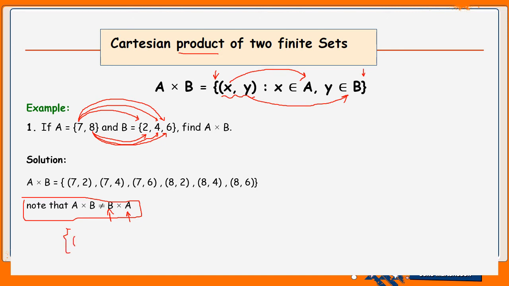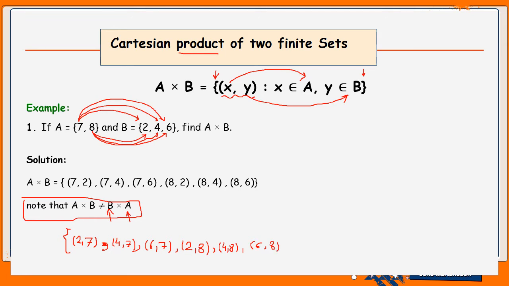So it will be (2, 7), (4, 7), (6, 7), (2, 8), (4, 8), and (6, 8), the last one.